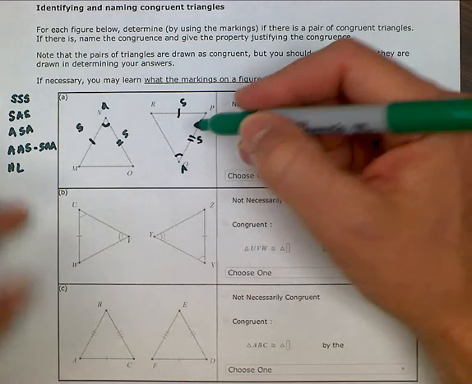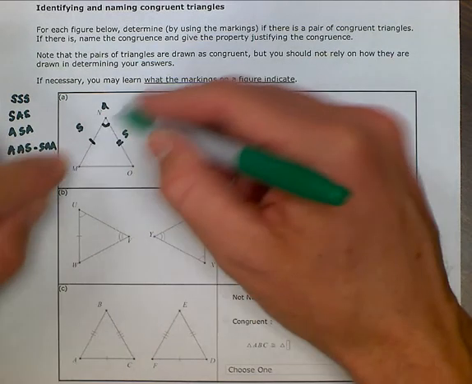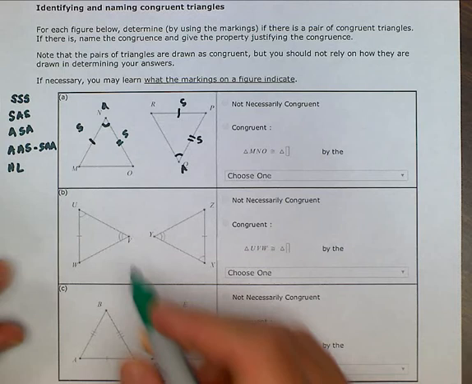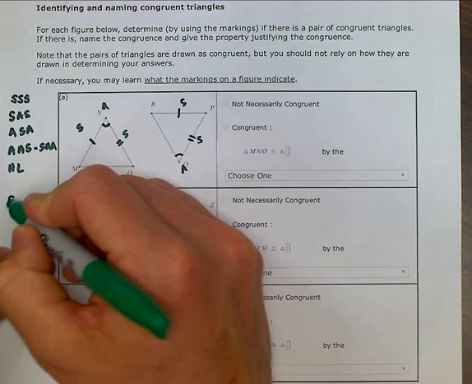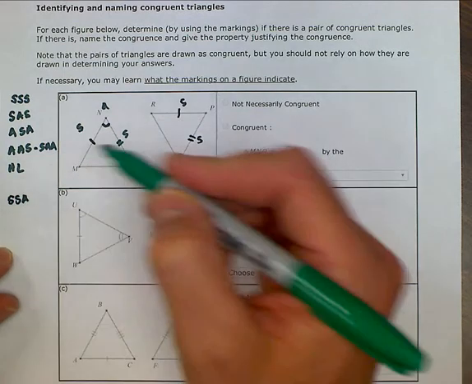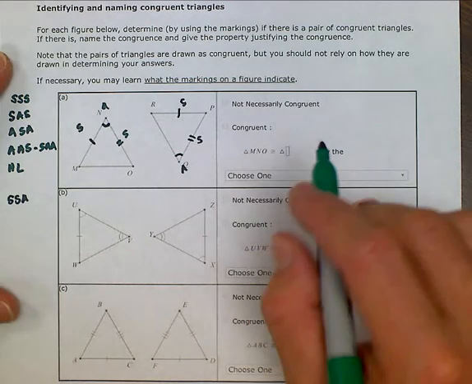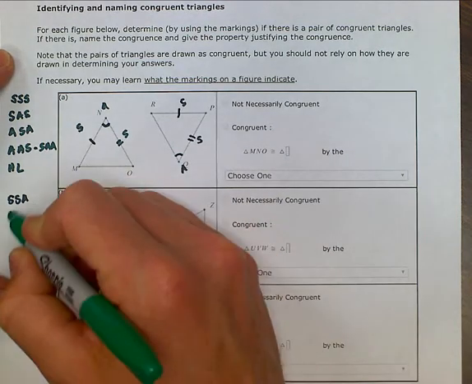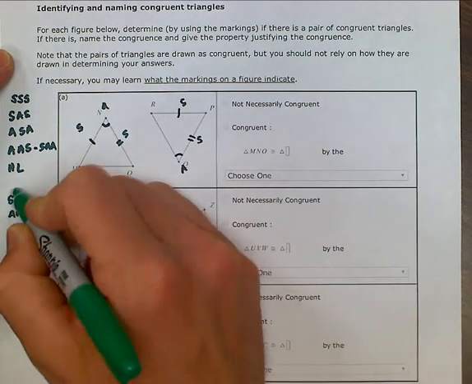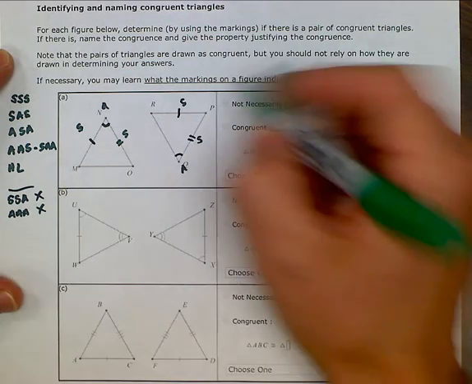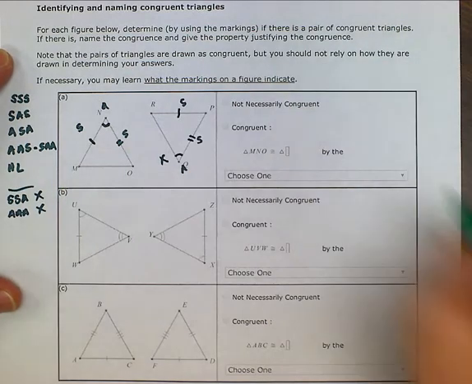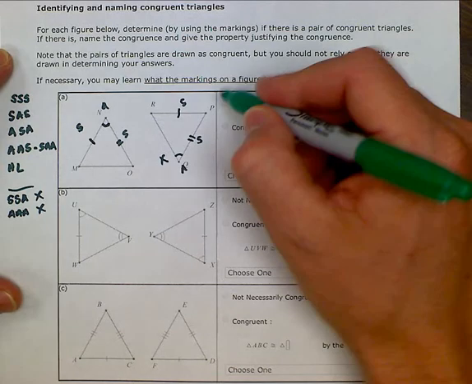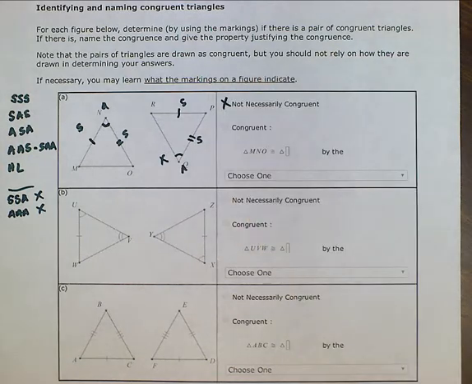Whereas the angle here is sandwiched between the two sides. This is side, side, angle, and we know side, side, angle is one of the two false shortcuts that does not work. Side, side, angle, and angle, angle, angle, these do not work. So this we could not use to prove that they are congruent. So here we would have to mark not necessarily congruent.